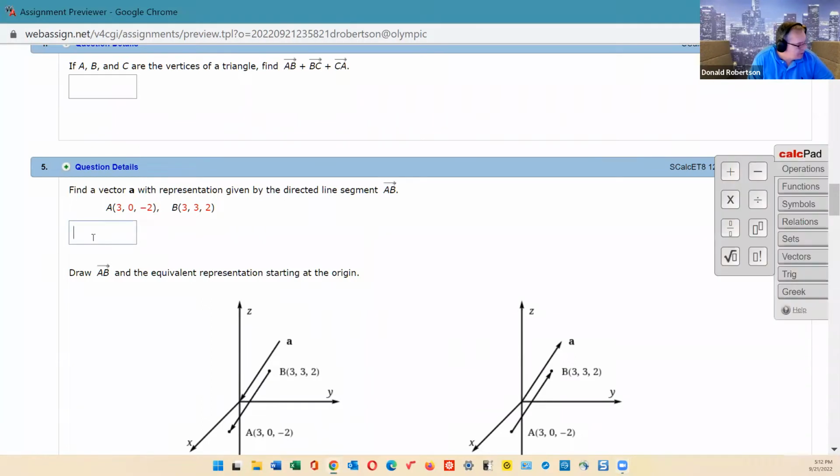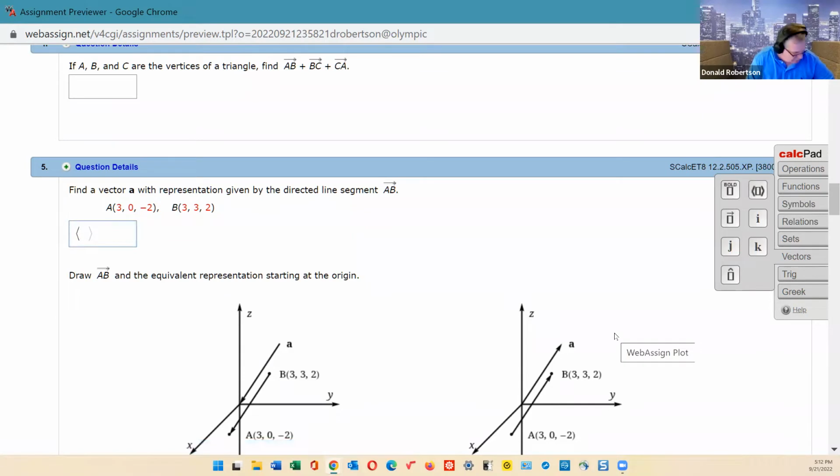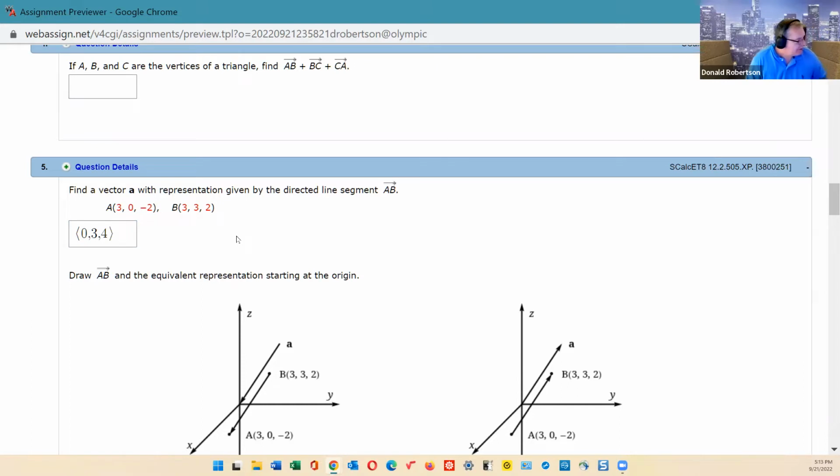If you click on that, you see the little calc pad appears. Choose the one called vectors. And that funny little guy there gives you the brackets that I was using. And then you simply just type in 0, 3, 4. I think it'll fill in the other guy you did. And that's you.